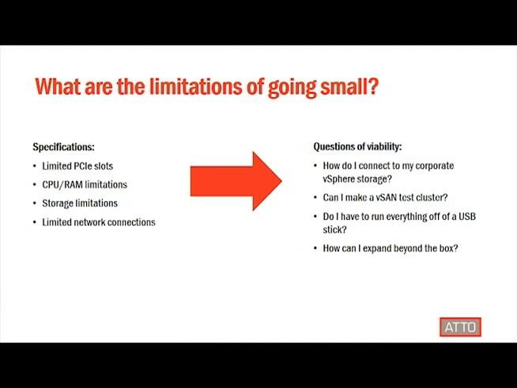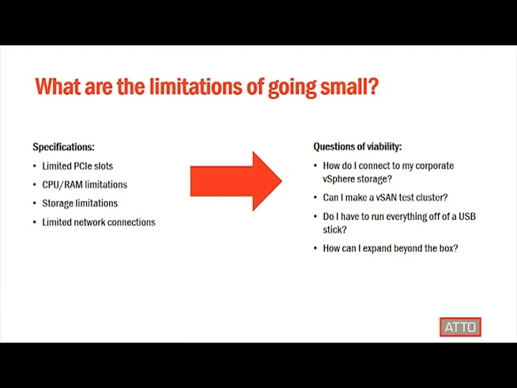So what that presents is challenges for the administrator of how do I connect to my storage? How can I make a vSAN cluster? How can I gather the power of this and the hyperconverged capability of vSAN and run it off of these platforms?